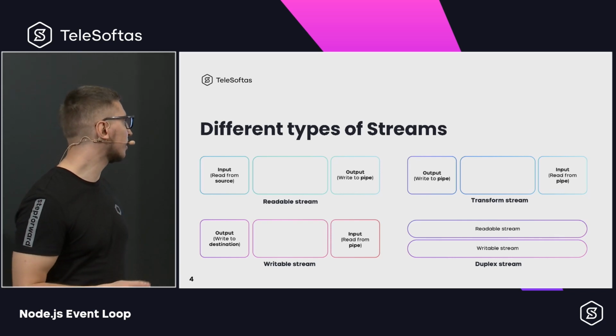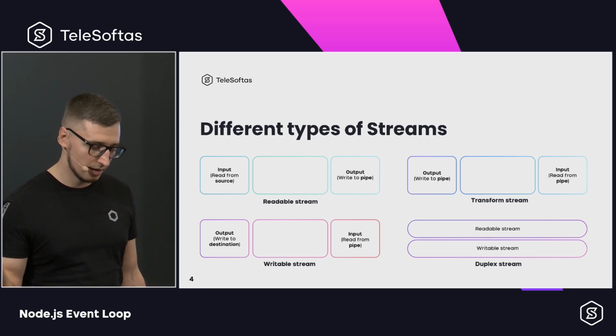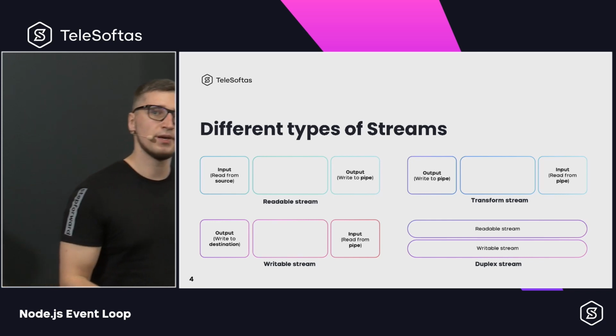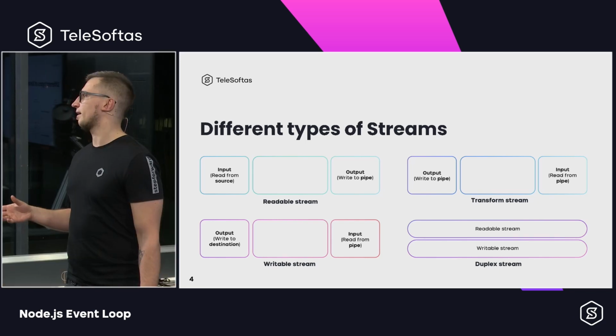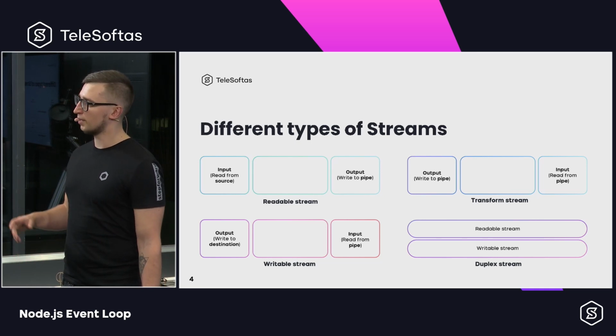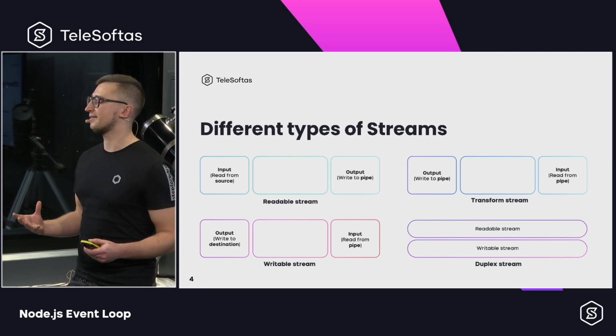By its name, a readable stream is used for reading data from a large database table, from a large file, or a generator function in a sequential manner, which means that we are not reading all the contents at once.